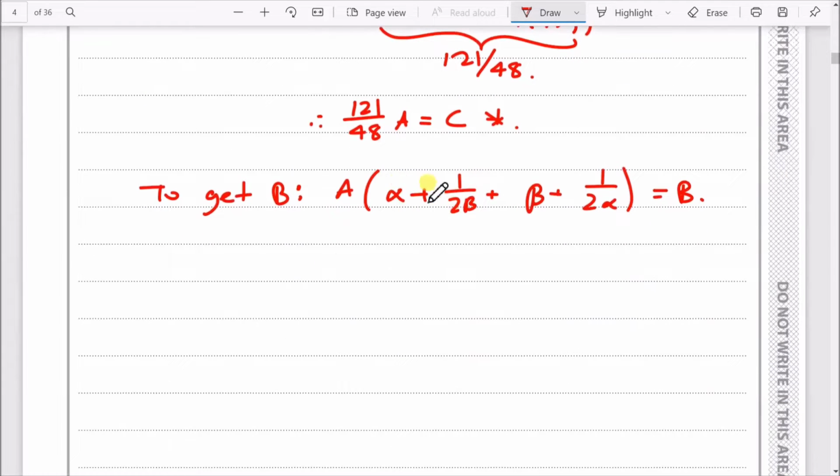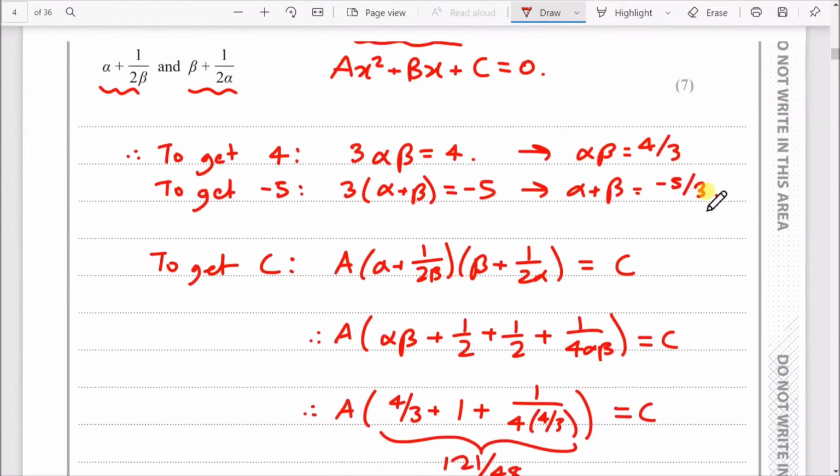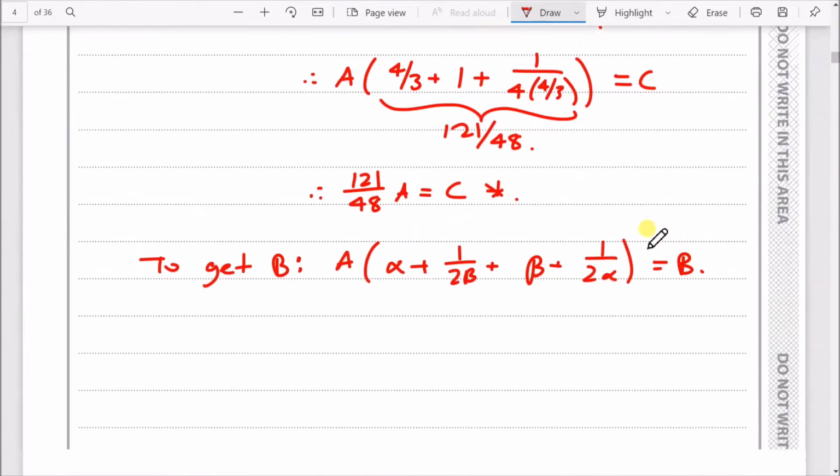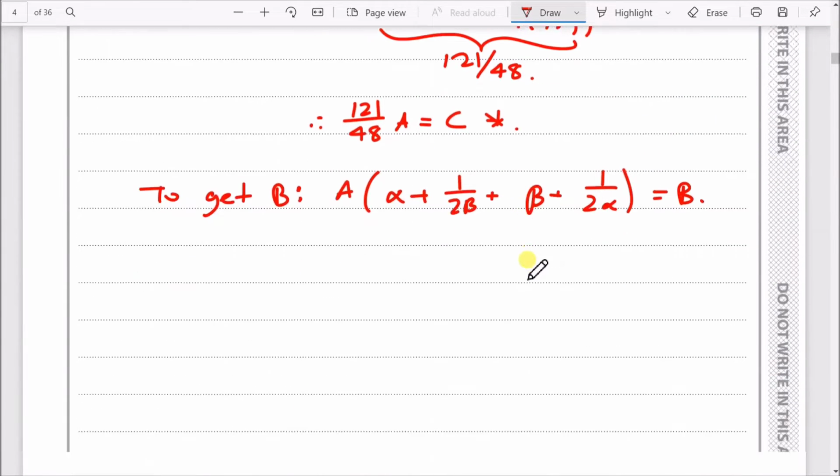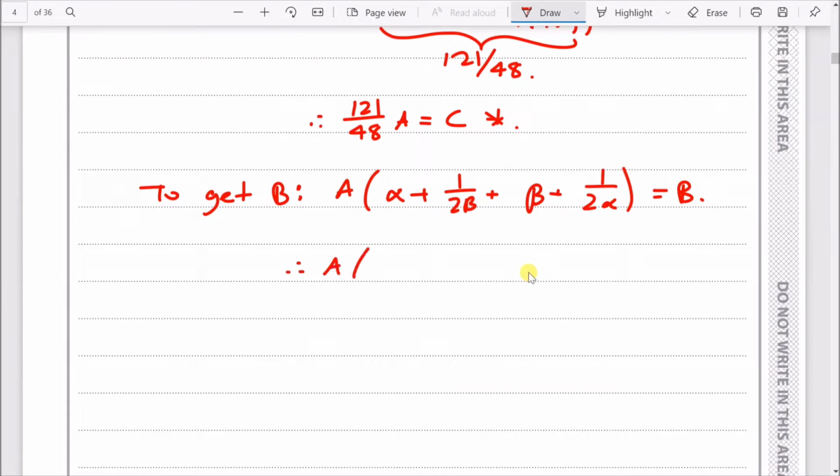Now we can rearrange this order, because we know from the solutions that alpha plus beta is -5 over 3, so we've got A bracket -5 over 3 plus.